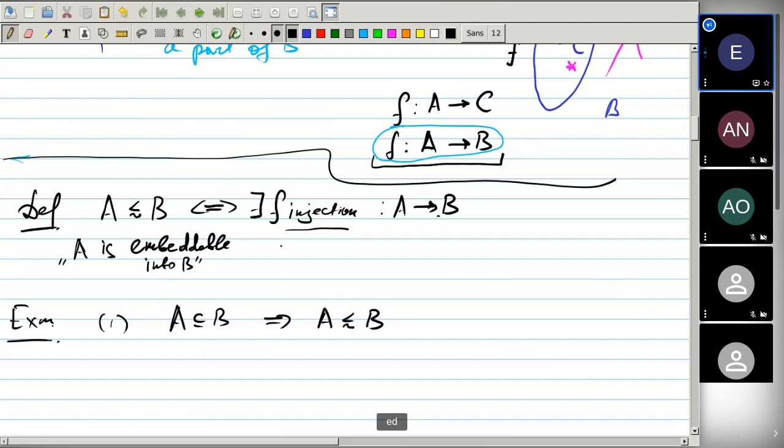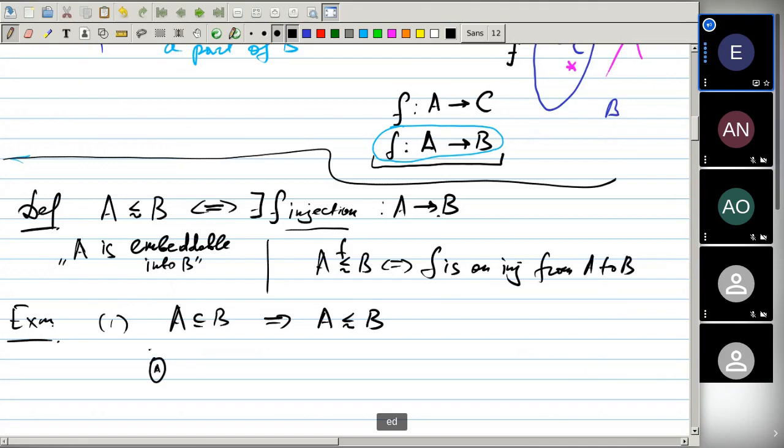By the way, we will use the following symbol, f, that means that f is an injection from A to B. So it is embeddable, and f is that very embedding. By the way, if A is a subset of B, is there an injective function which maps A into B?